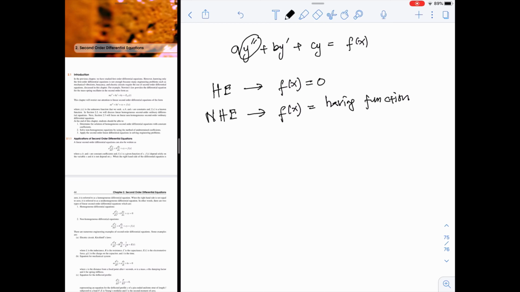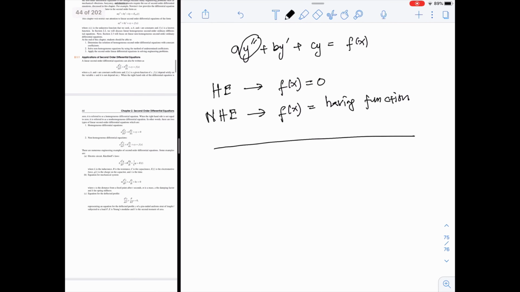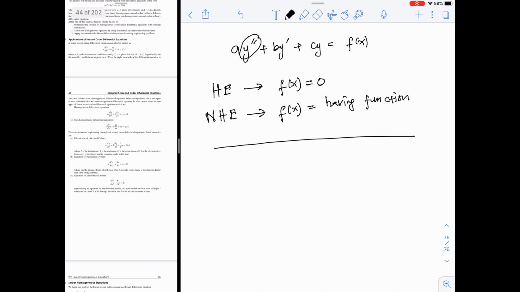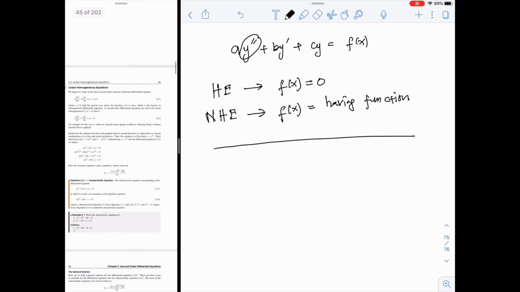Okay, now let's go to solving homogeneous equations. Previously, as I said, the function on the right hand side for a homogeneous equation is equal to 0.